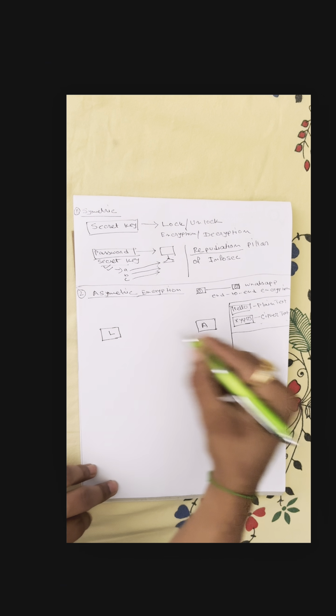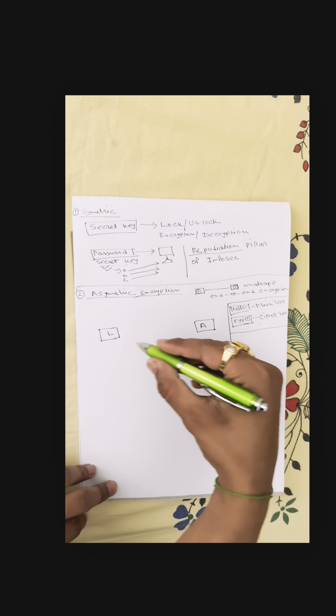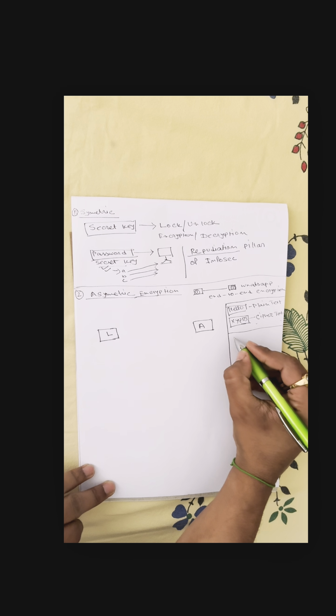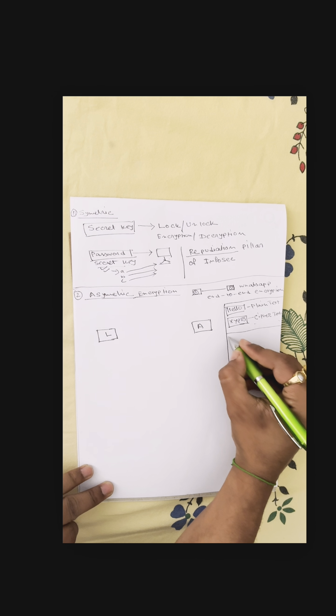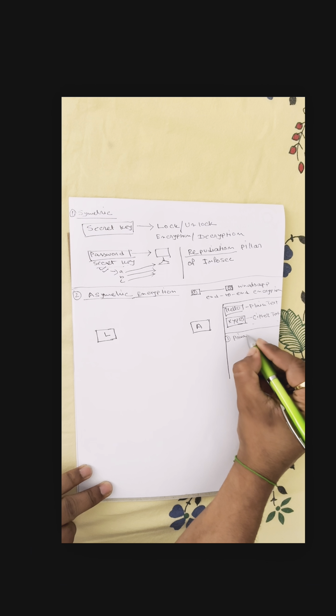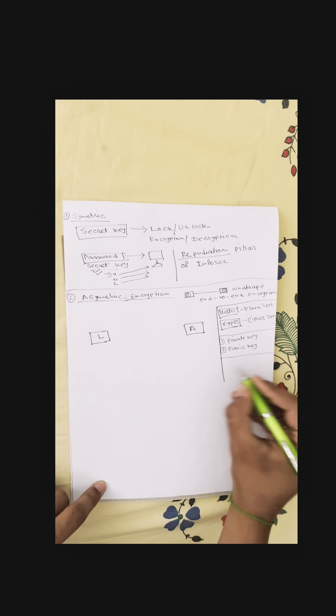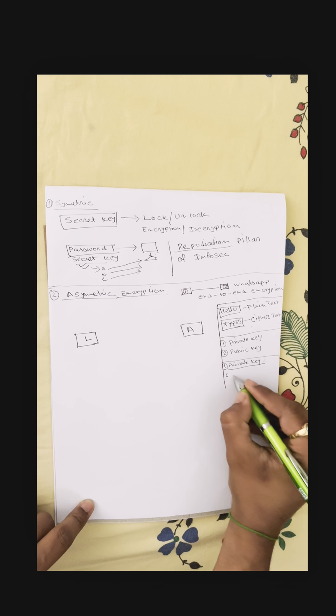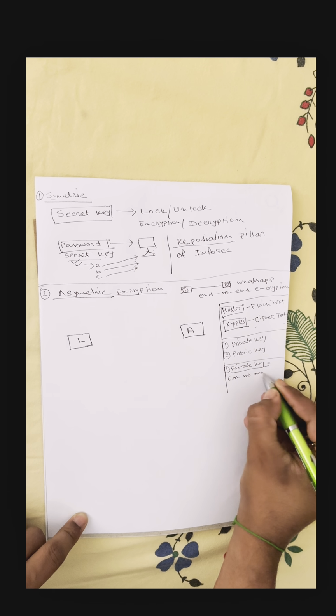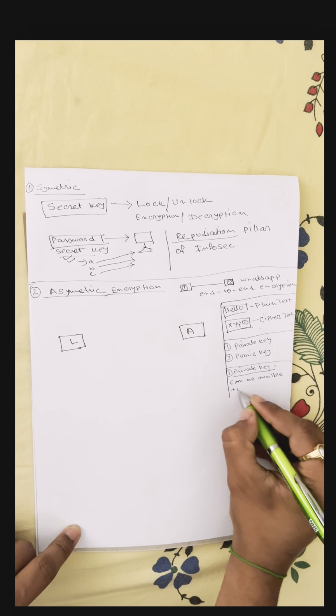Rule number 2: every user, every sender and receiver within this communication, has 2 keys. One is a private key, another is a public key. What are the private key and the public key? The private key is the one which can only be available to the owner.